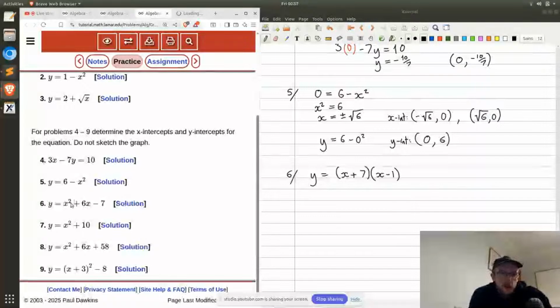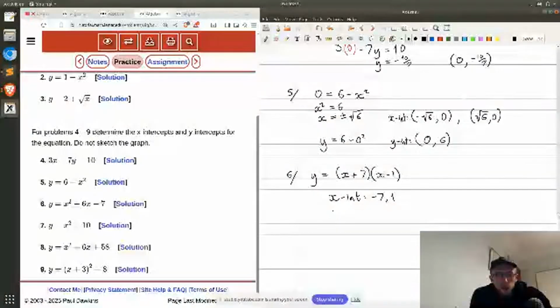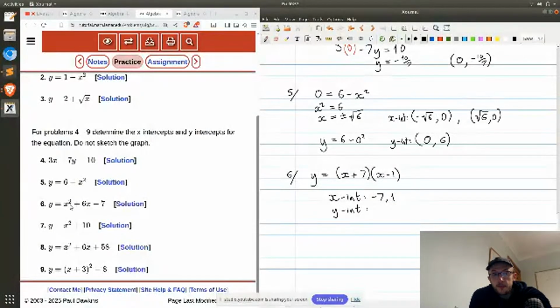Anyway, so what you do is you factorize that into x plus 7 times x minus 1. And then you know that it crosses the x-axis at minus 7 and 1. The x-intercepts are minus 7 and 1. And for the y-intercept, just plug in 0 where x is, and you'll see that y is equal to negative 7.